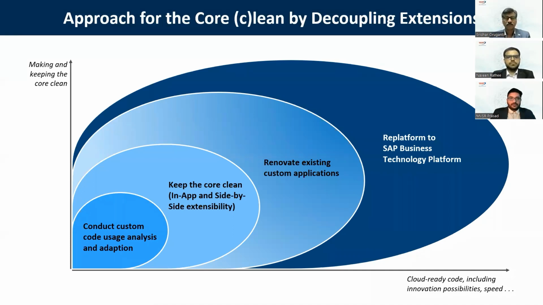Initially, we have to go through the analysis phase where we conduct the custom code analysis using CCM or ICCM tools from SAP, and then we have to decide whether we go ahead with in-app extensibility or side-by-side extensibility.